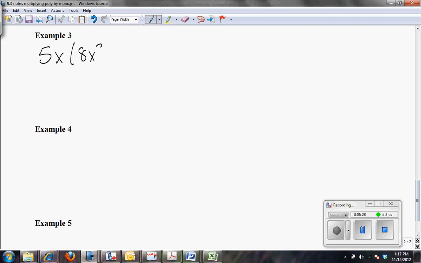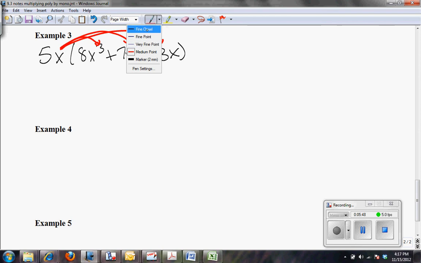5x times 8x cubed plus 7x squared minus 3x. Now we have a monomial multiplied by a trinomial. Same thing happens. If you'd like to try to beat me, then race me, see if you can get done before I do. You probably will. Multiply every single term by the term on the outside.